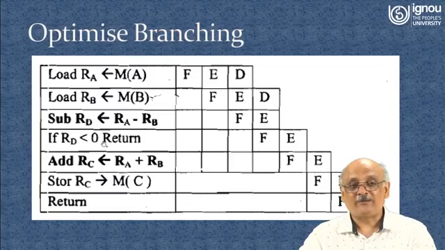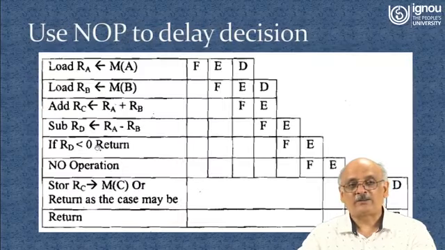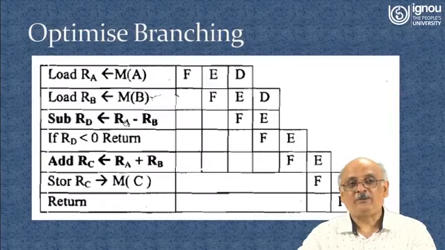Not every case will be able to optimize this kind of branching, but this is just a concept. As a conceptual build-up, you can optimize the delayed branching by not inserting the no operation, and rather moving the subtraction and if condition before the add instruction. This was the add instruction and you just moved these 2 instructions before that.